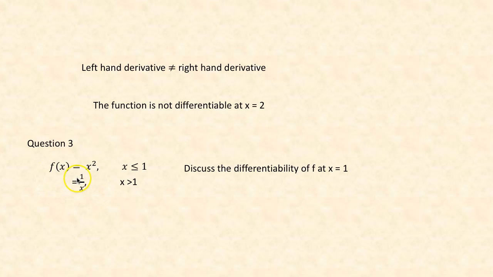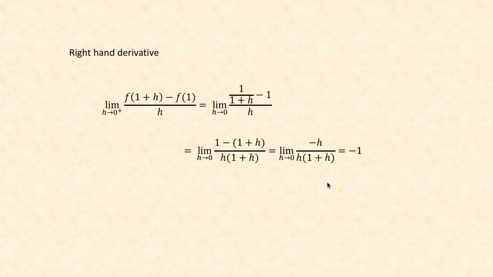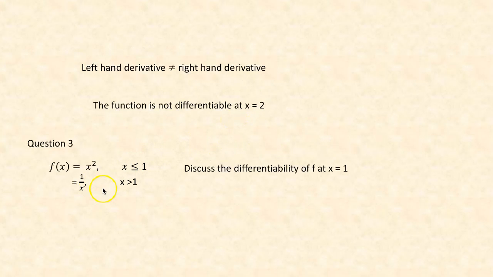Question 3. f(x) equal to x squared when x less than or equal to 1, and 1 by x when x greater than 1. Discuss the differentiability of f at x equal to 1. The right-hand derivative is limit as h tending to 0 to the right, f of 1 plus h minus f of 1 by h. That is h tending to 0 to the right, so 1 plus h is greater than 1, so f(x) would be 1 by x.